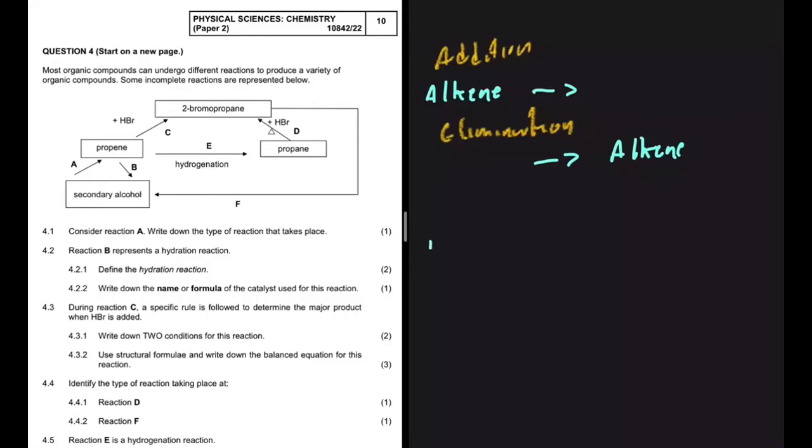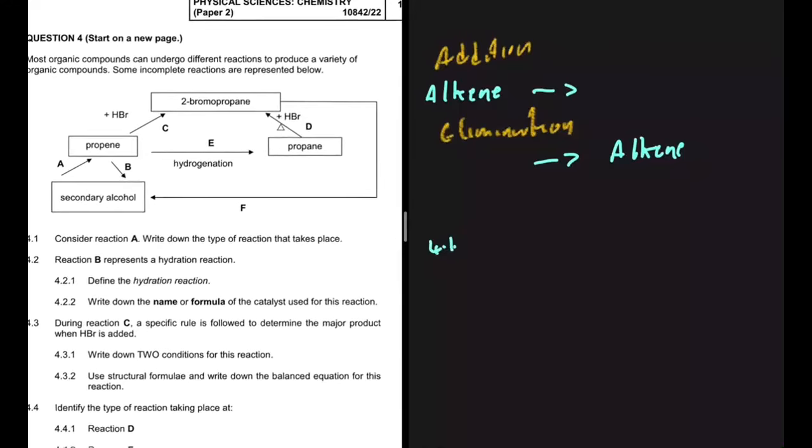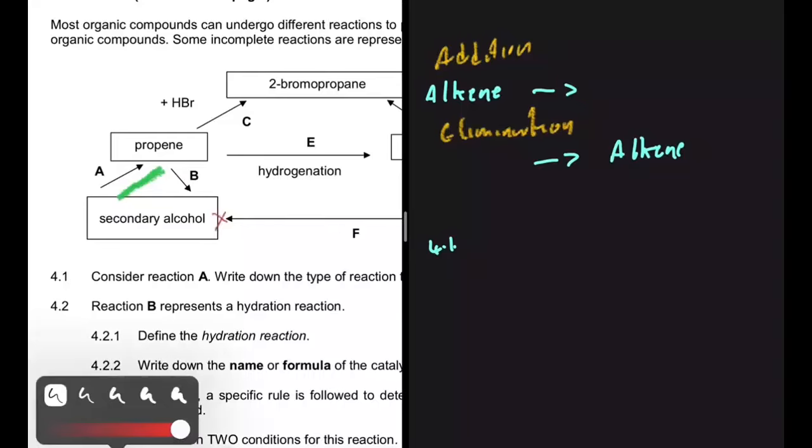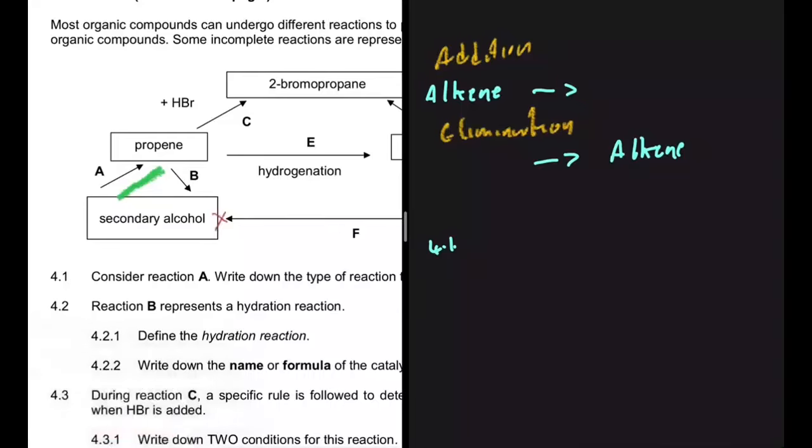Let's look at 4.1. Consider reaction A and write down the type of reaction that takes place. Reaction A is right here. Let me go through my conditions and see which one is met. Do we start with an alkene? No, we don't. We start with a secondary alcohol. Do we end up with an alkene? Yes, we do. We have propene as our product.